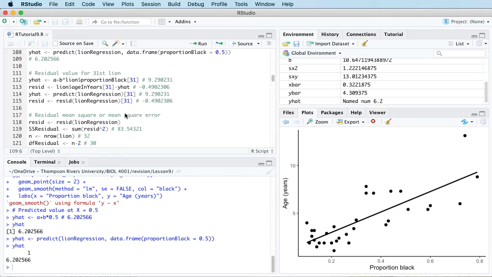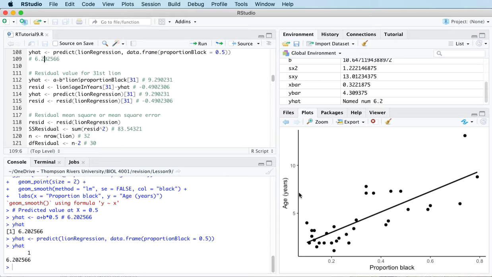So those are predictions. I mentioned residuals in the last video, and so the residual for any sample observation, let's take this one, say the actual observed age of this lion is given by this position here.